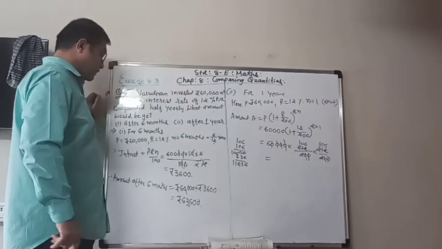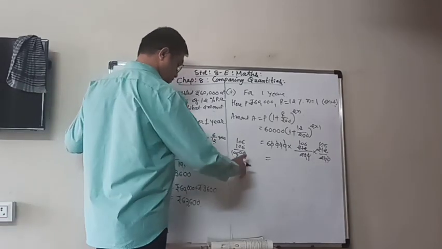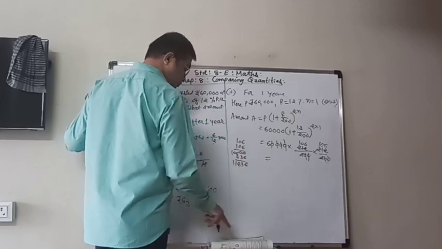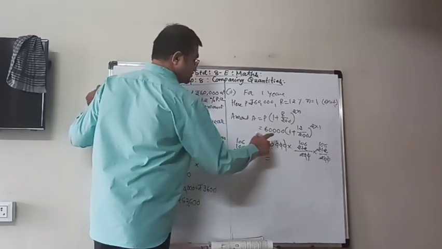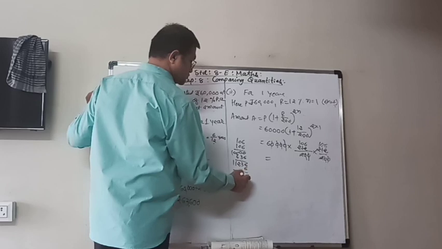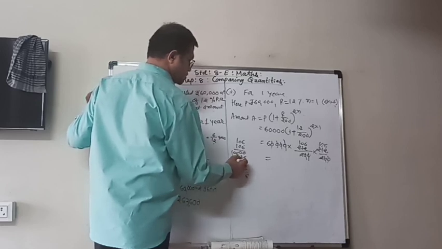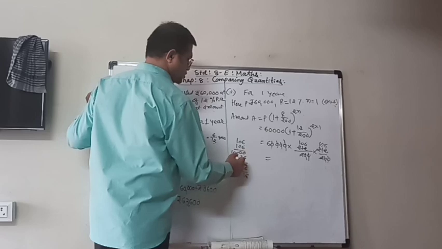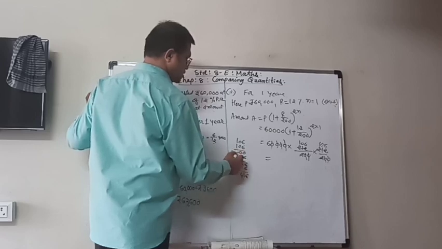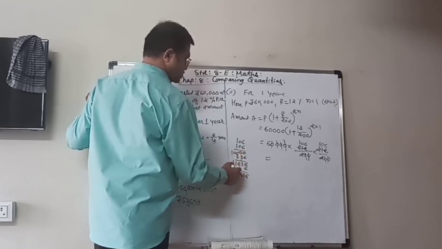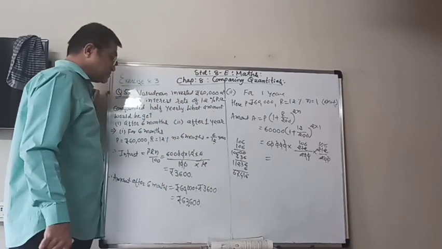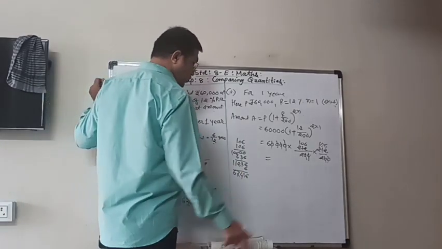Then we have to multiply it with 6. So rupees 67,460.